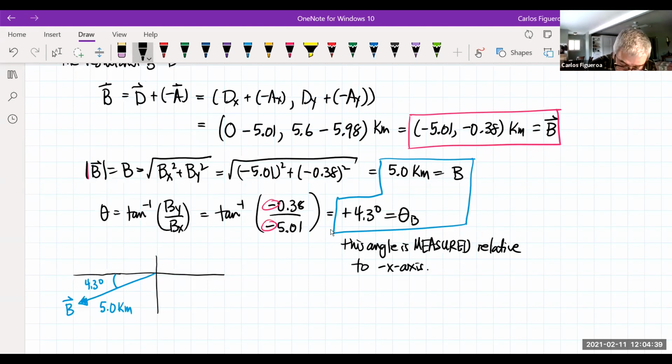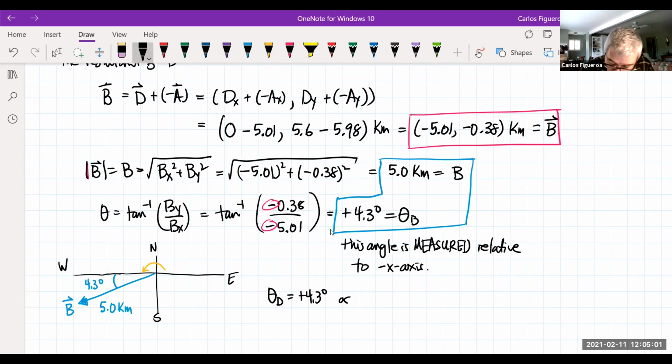So check this out. This is north, south, east, west. How else could I have defined the angle? Well, we already talked about this being plus 4.3 degrees. Or I could have measured it from the positive x-axis.